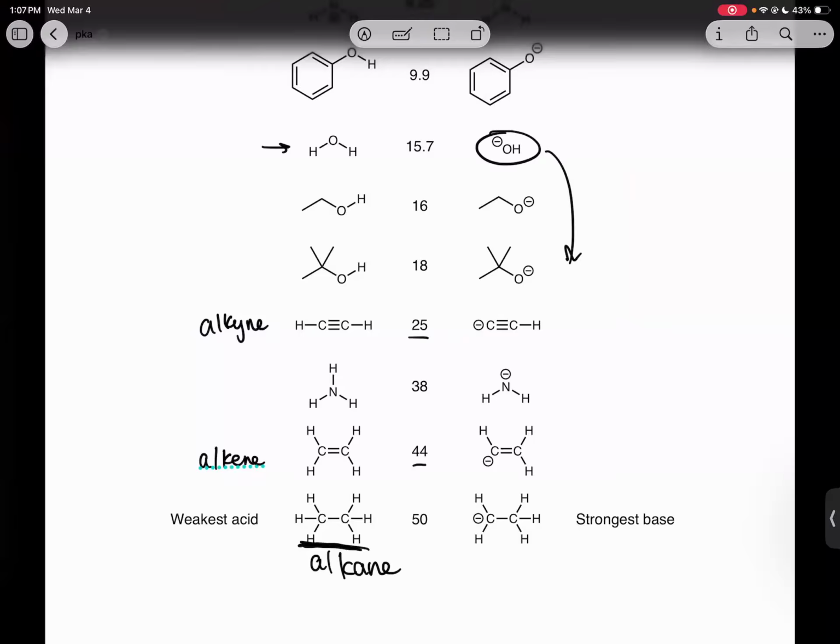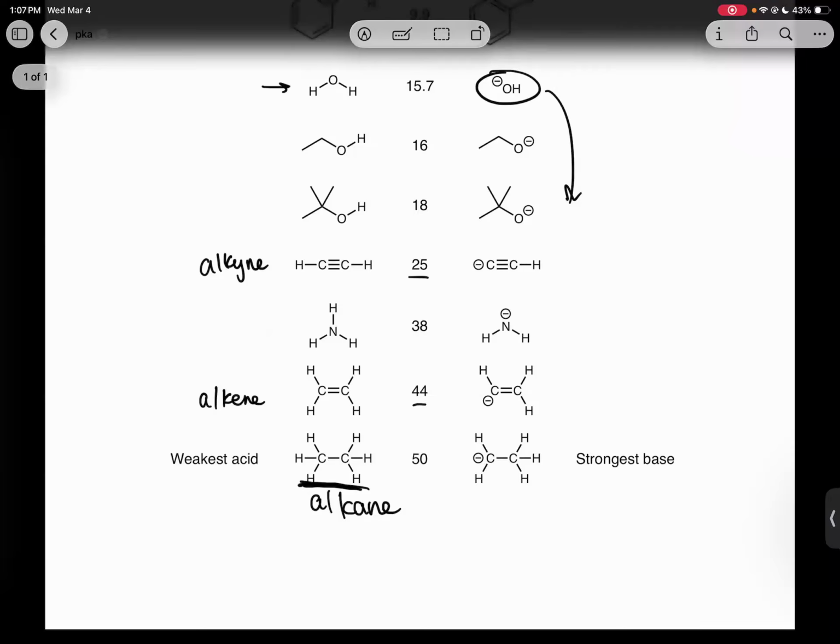So this is ethane, but you can extend this to really any alkane. For example, if you have a functional group that's really far away from the alkane that you're looking at, we can say that this is essentially equivalent to ethane for purposes of determining the pKa.